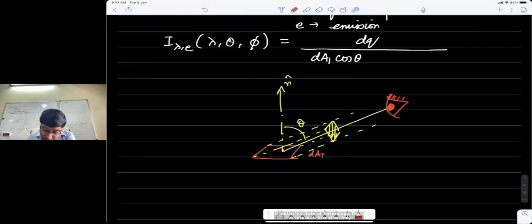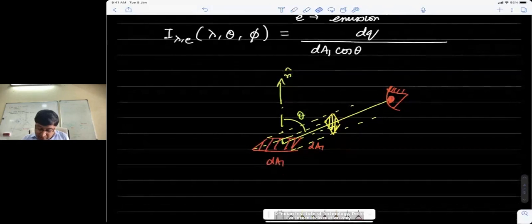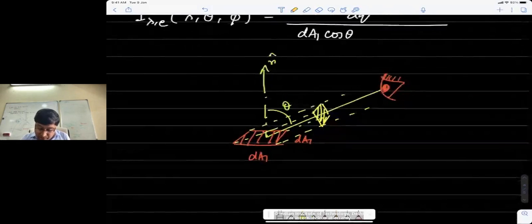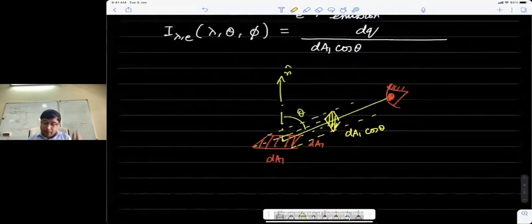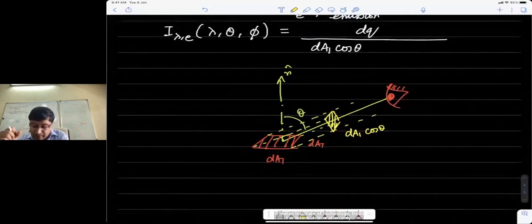So even though dA1 was a large area, I'm going to see a smaller area in that direction. So this projection, now you can see, would be dA1 cosine of theta, where theta is again the same zenith angle, the altitude angle.